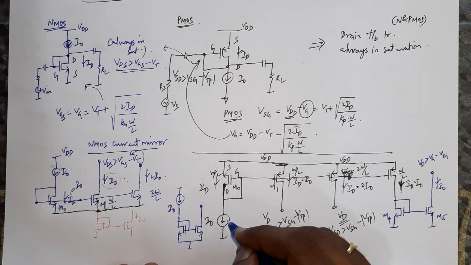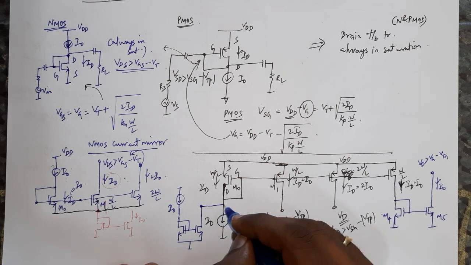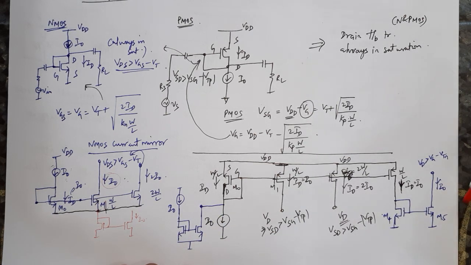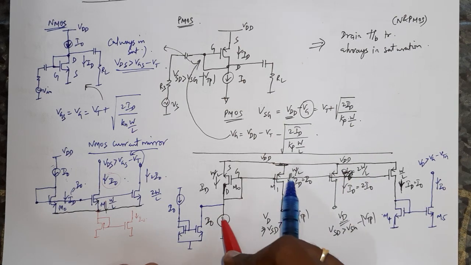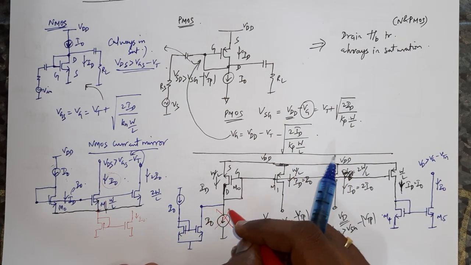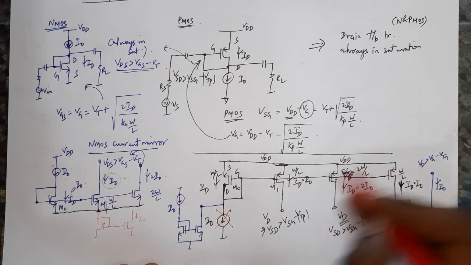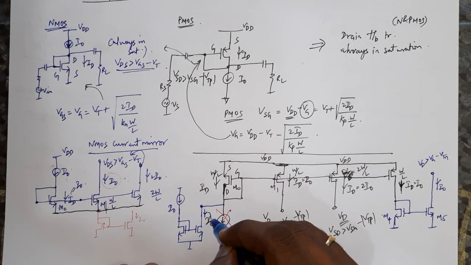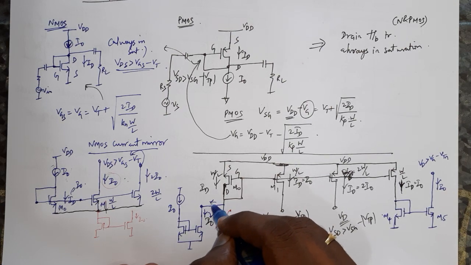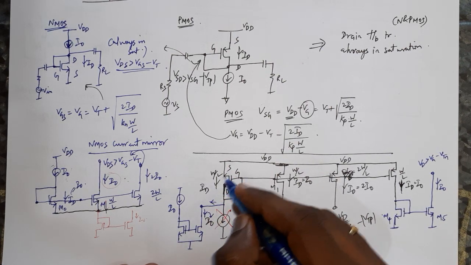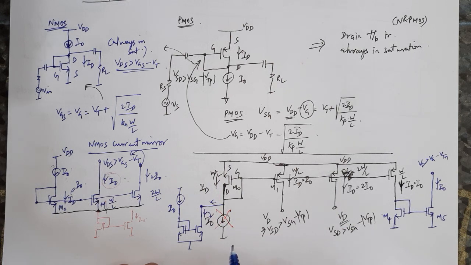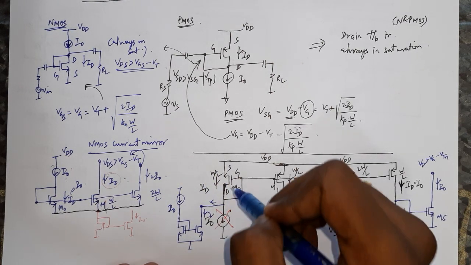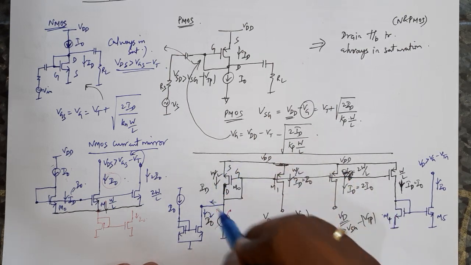Now this is connected to this particular terminal. Imagine that this I0 is not there. Now if this is connected to this particular terminal, then the current that flows in this direction is equal to I0. So the current that flows here is also I0. So I0 is now acting as a reference current, and this ID will be equal to I0.